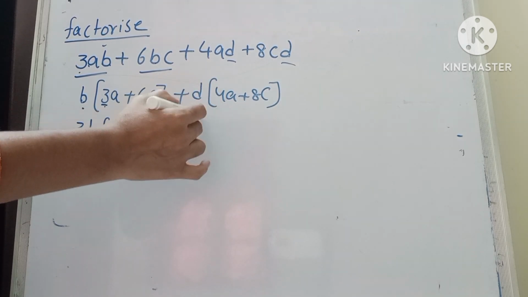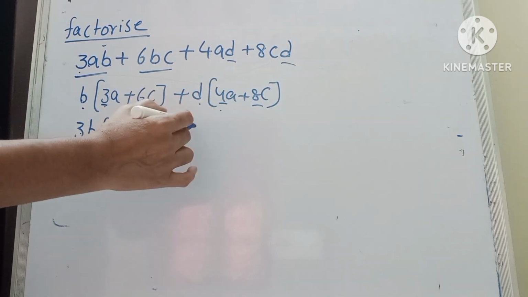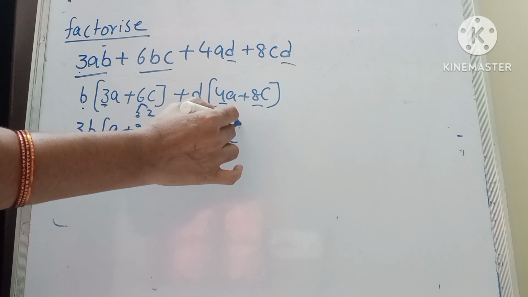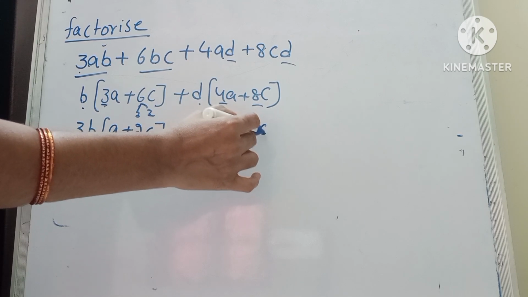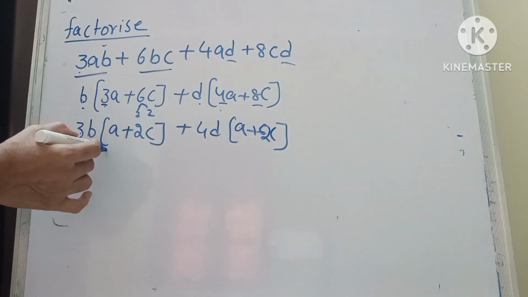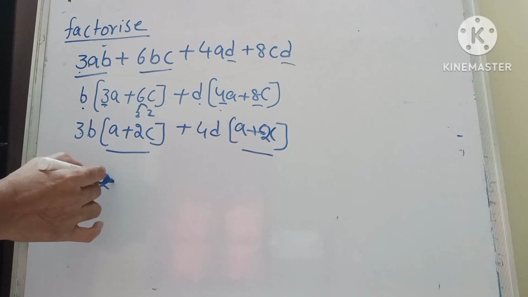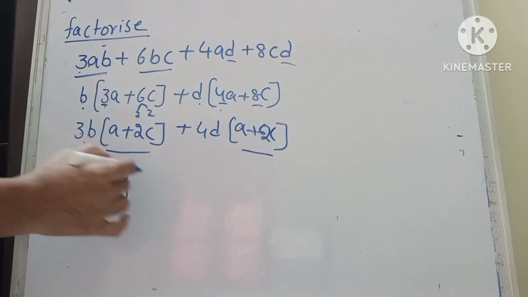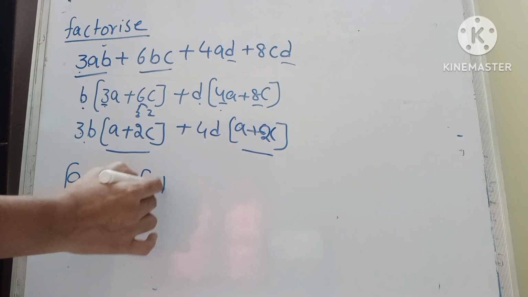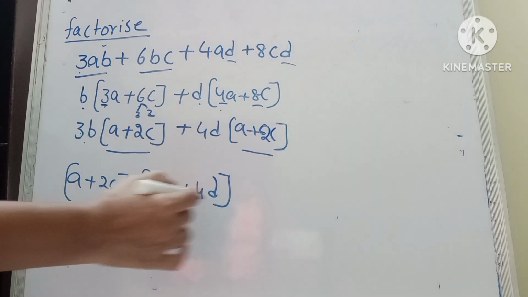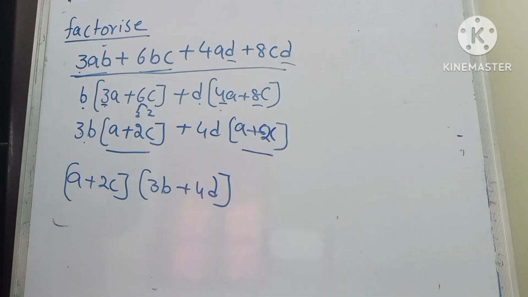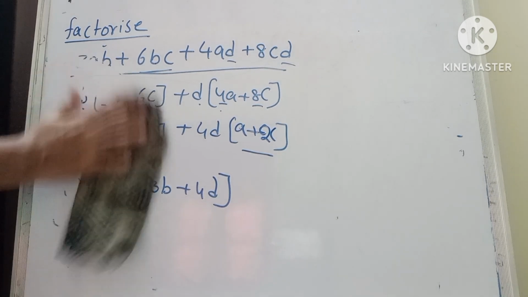Plus d, here 4 is common factor in both the terms. Then 4d into a plus 2c. A plus 2c is common factor in both. Now a plus 2c is the common factor, and the remaining factors are 3b plus 4d. This is the factorization of this multinomial.